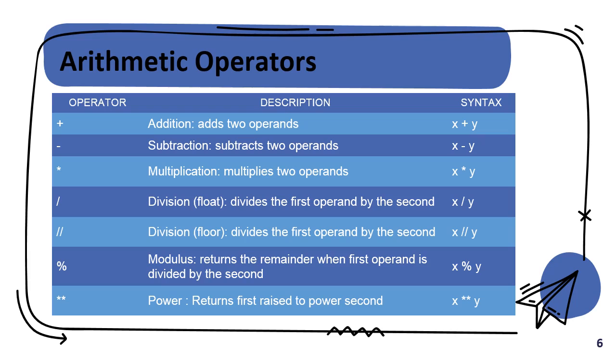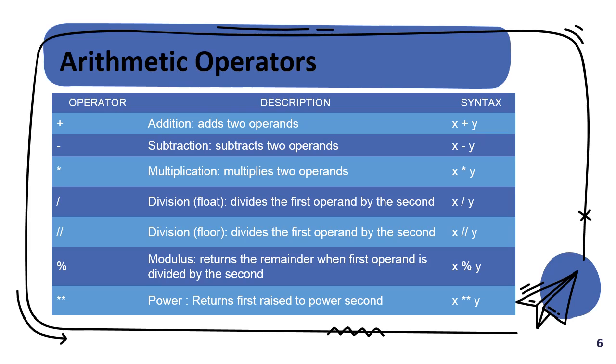Division divides two numbers. Floor division or integer division divides the first operand by the second. The modulus operator returns the remainder when the first operand is divided by the second.